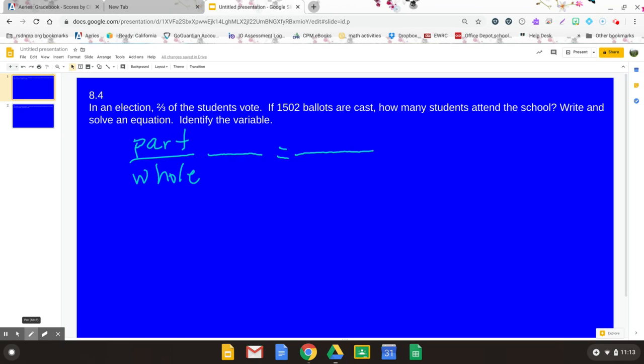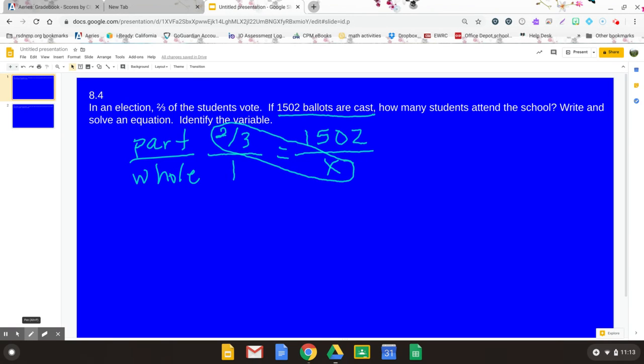If the fraction is 2/3, what would the whole amount be? Well, 2/3 is part of one whole amount. And then the part of the other part that I have is 1,502. That's part of the kids. And what is the whole amount of kids? We don't know.